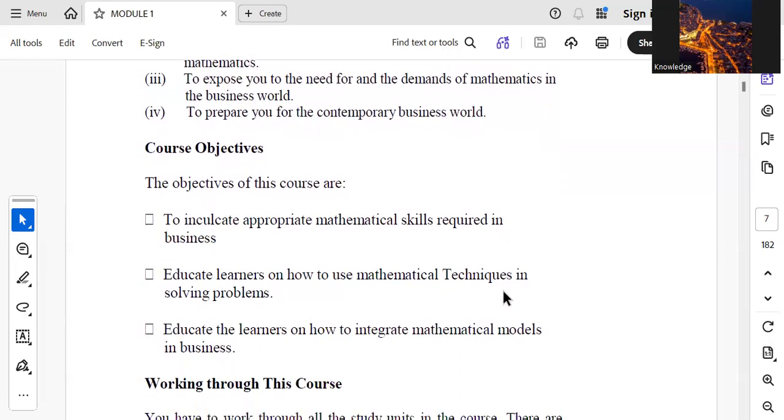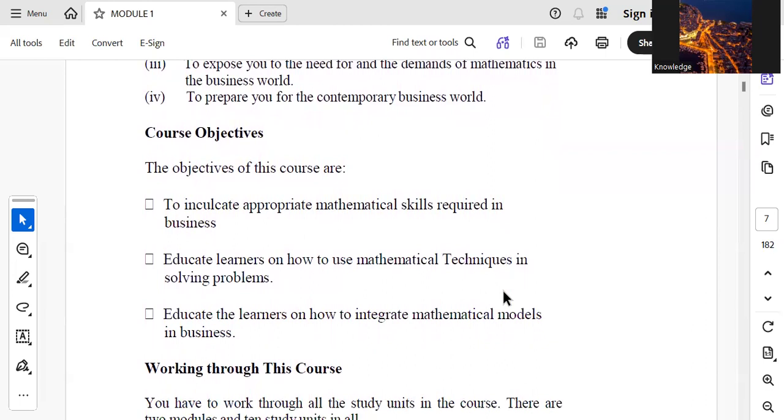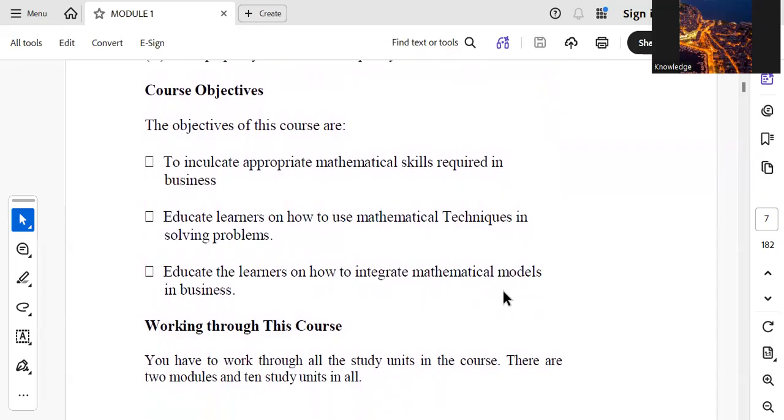Then the objectives of this course. Now this is not the unit by unit objectives; these are the general objectives. This course will inculcate appropriate mathematical skills required in business.